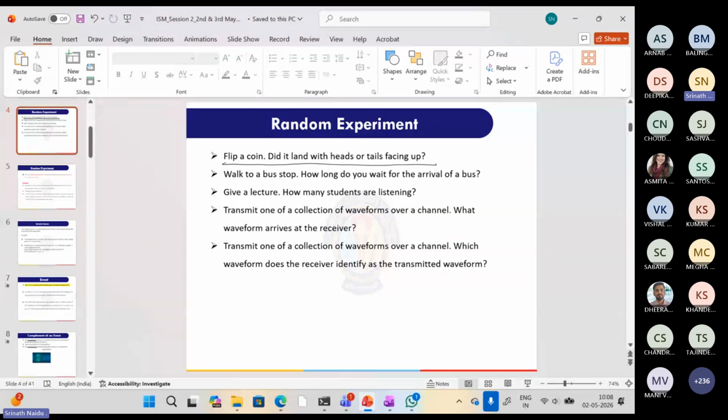Let's assume that when I toss it up, it goes up to a certain height, it twirls in the air, and then falls. Now, it is common to say that we could get either heads or tails. We don't know what we would have got. So the experiment is random for all practical purposes.